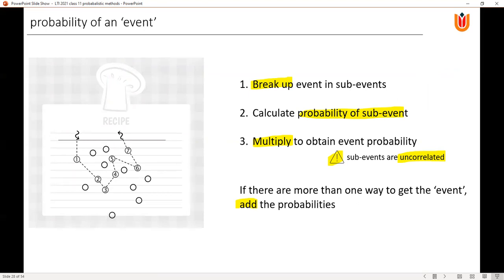That only works when they are uncorrelated. And if there is more than one way to get to the event, so a photon going from A to B can have this path or this path, an additional way of getting to the event, then we can add these probabilities.